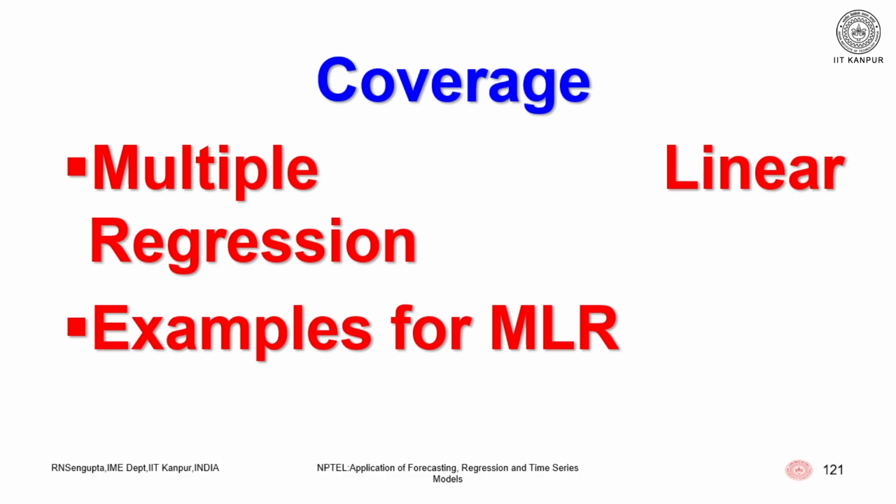The coverage would be a continuation of the multiple linear regression discussion, examples for MLR, and before I come back to the MLR, I would like to discuss a few more practical examples of simple linear regression models.